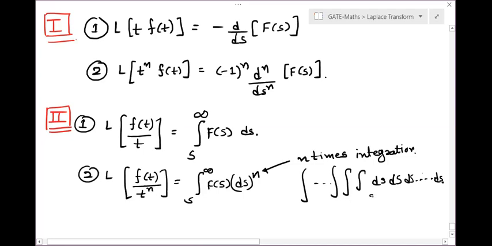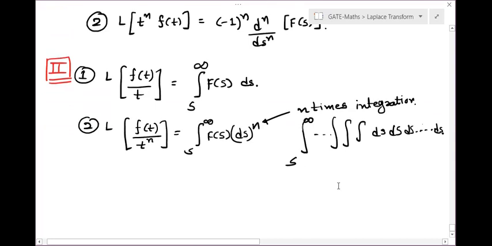Is it clear or not? And yes, we will put s to infinity in the final integral. You will get more idea when we solve examples based on these properties.